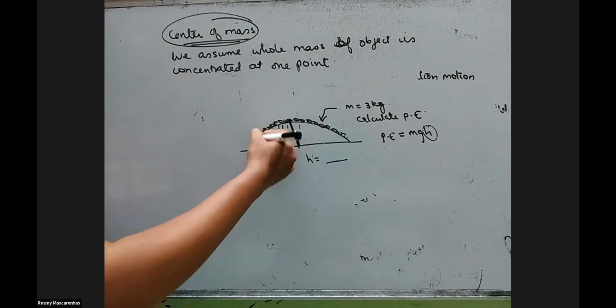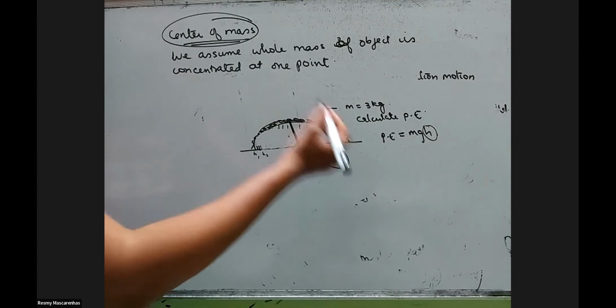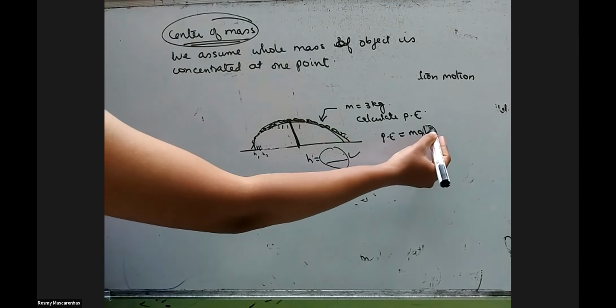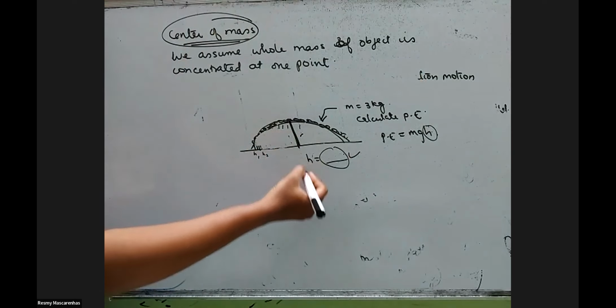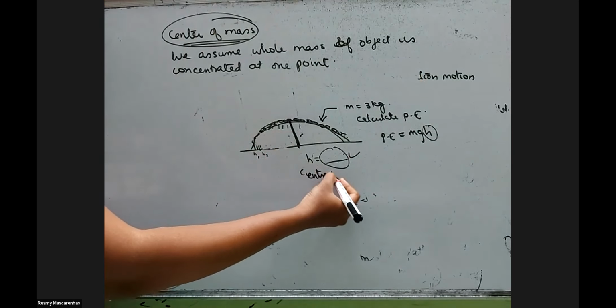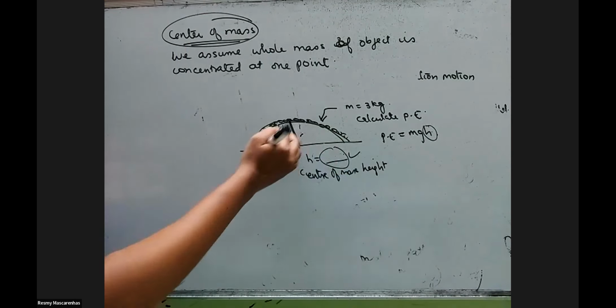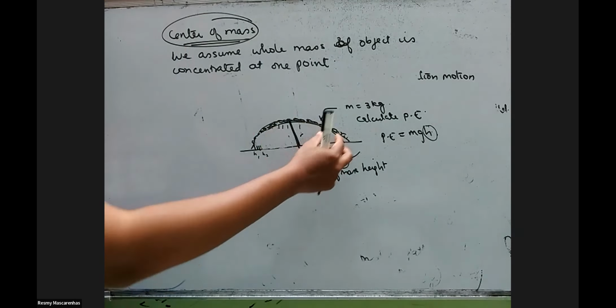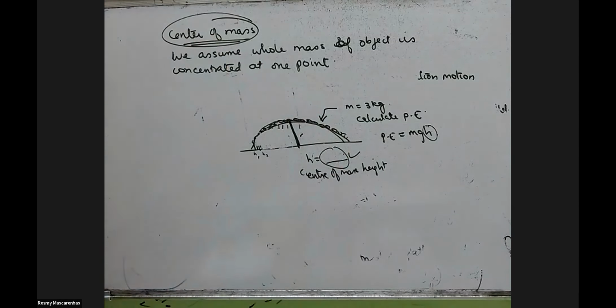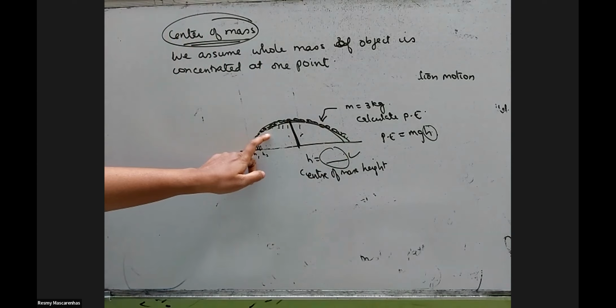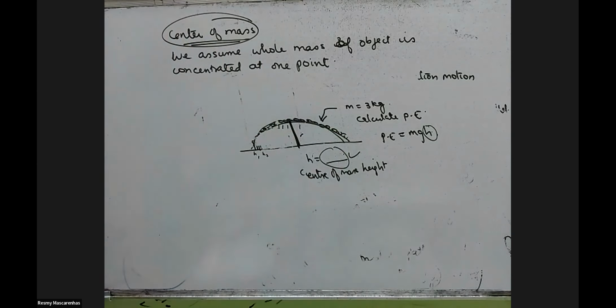There is some formula for a semicircle and so on. Whatever height the formula gives, that common height we will use. So this is the center of mass height. In such cases, the center of mass concept helps rather than calculating every single point and then adding.